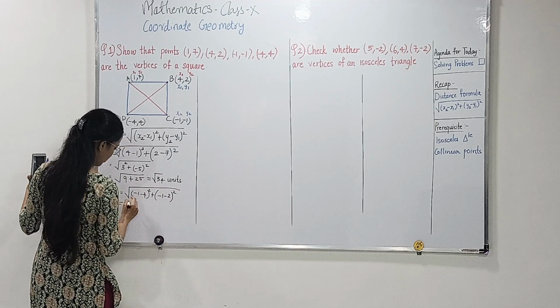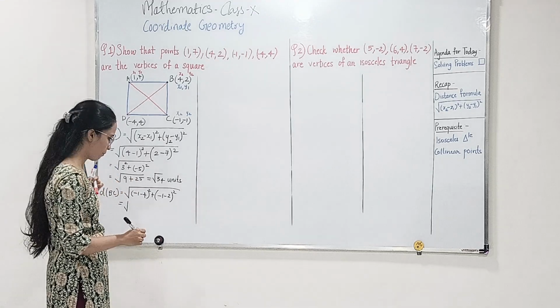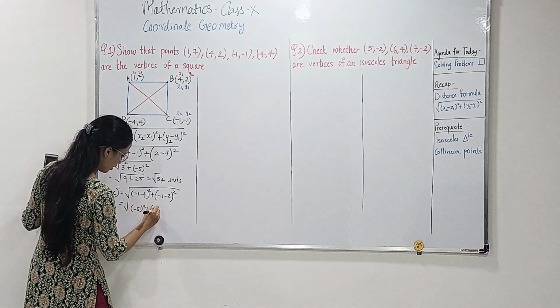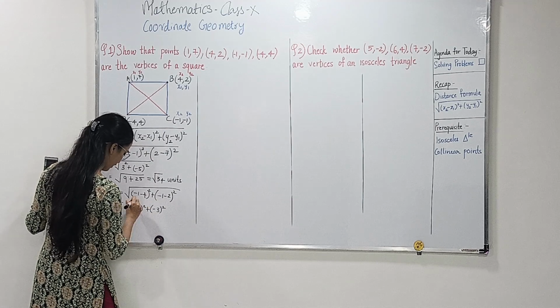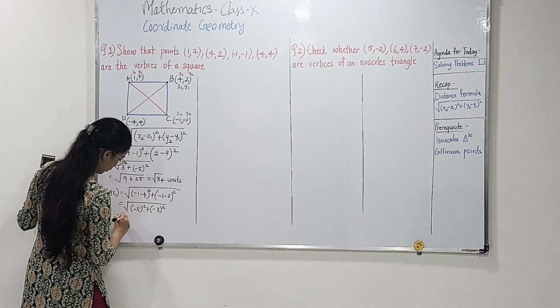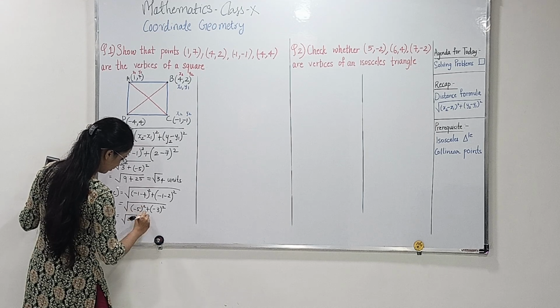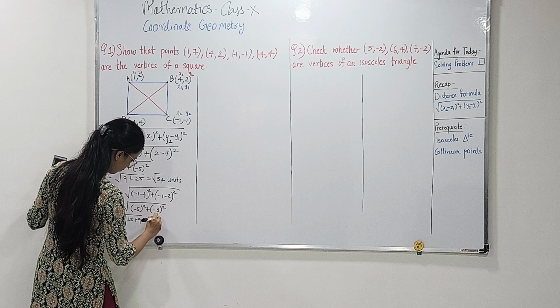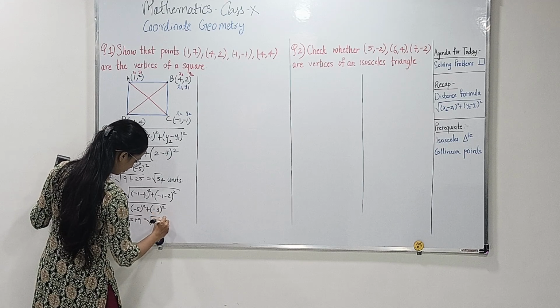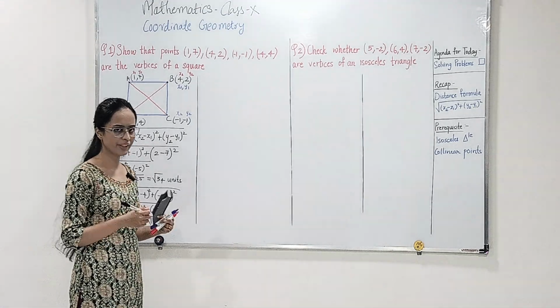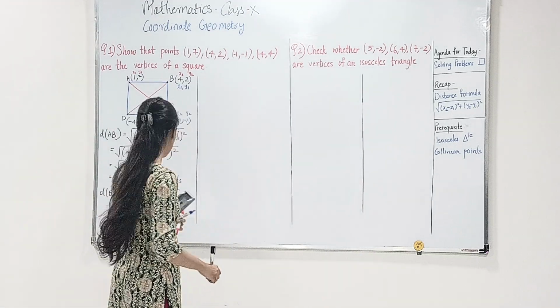So we get under root of minus 1 minus 4 is minus 5, minus 5 the whole square plus minus 3 the whole square. Right? So that is equal to under root of 25 plus 9, which is equal to under root of 34 units. So again, we got the length of the second side to be root 34 units only.